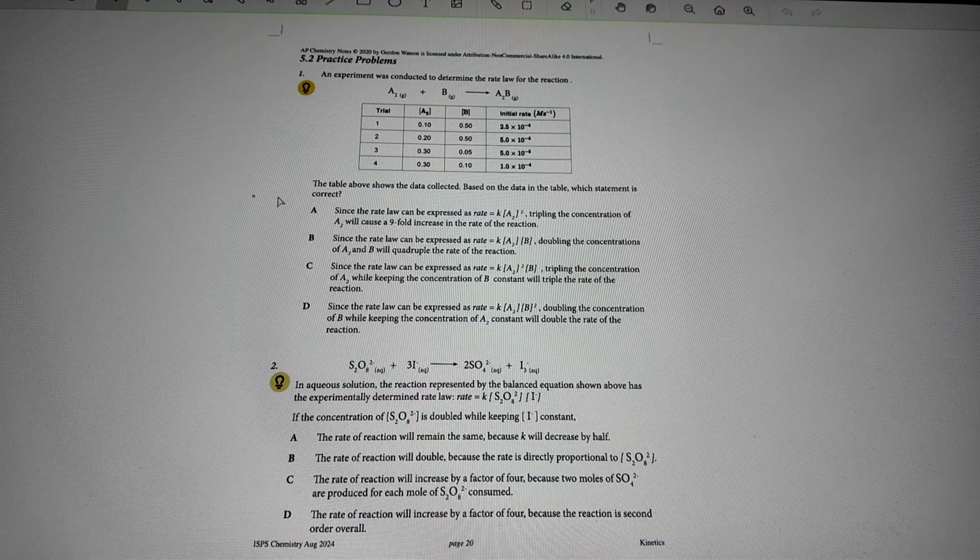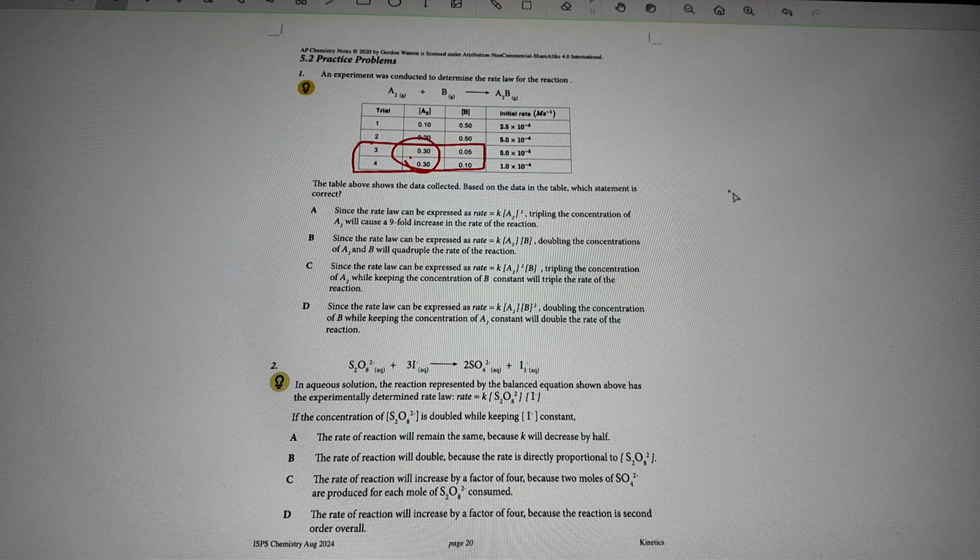Here it stays constant, and here B doubles and the rate doubles as well.